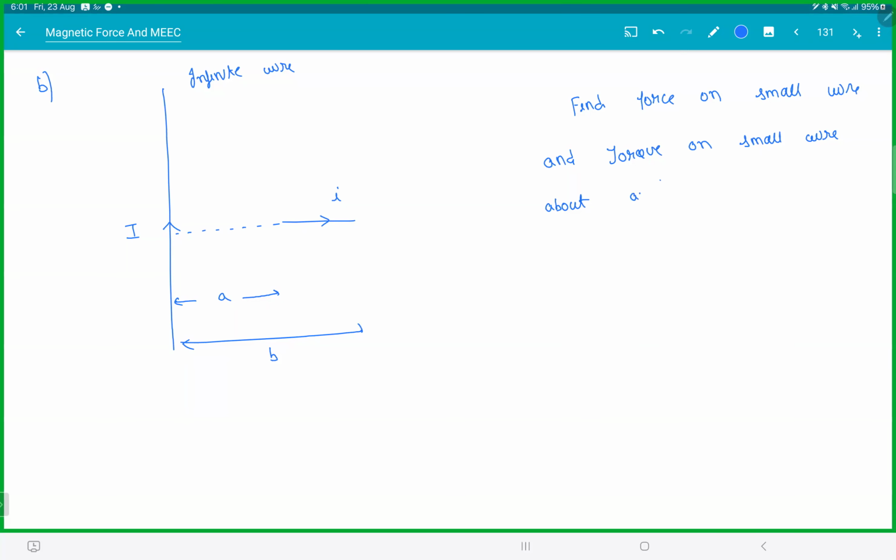About an axis perpendicular to the plane and passing through the infinite wire. If it is a couple, it won't matter. Means I'm choosing this as my axis of rotation.